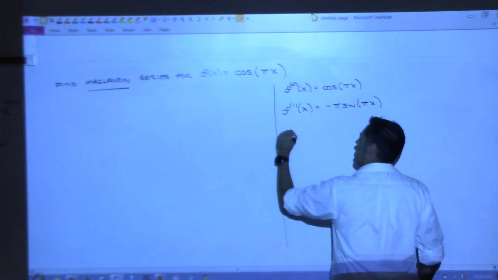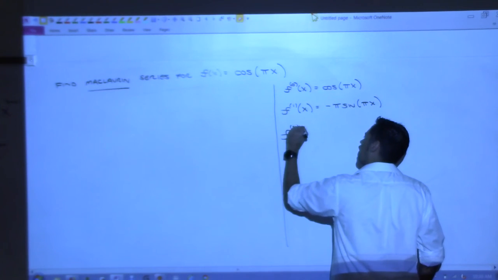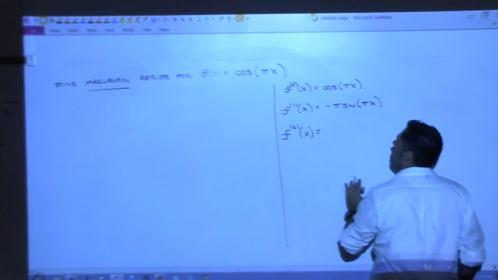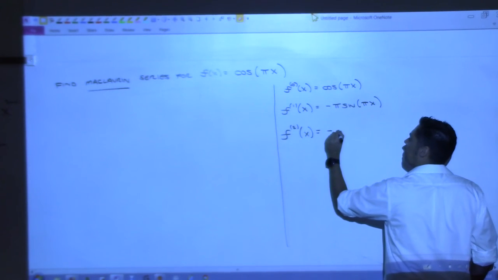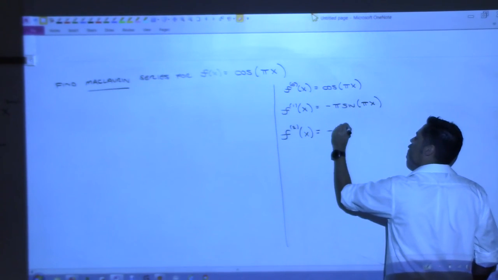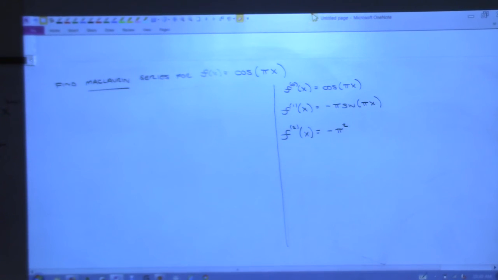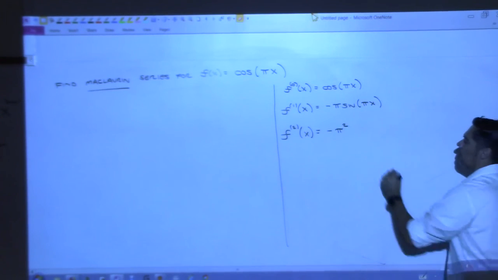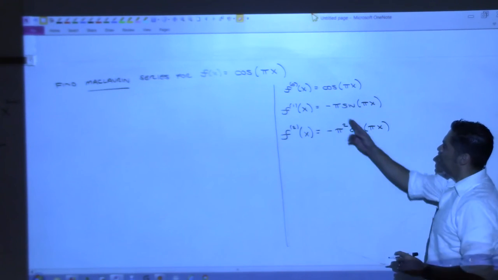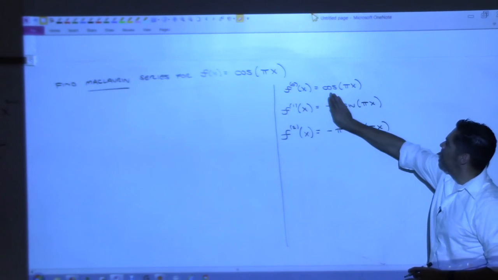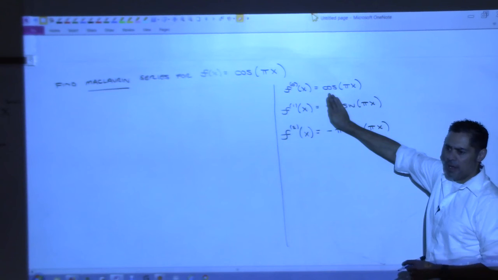Okay, what is the second derivative of this? Negative pi squared cosine pi x. So no product rule here, right? That's a constant. So it comes for the ride. Derivative of sine of pi x is cosine of pi x times pi.